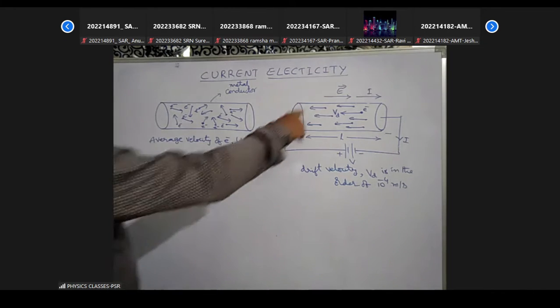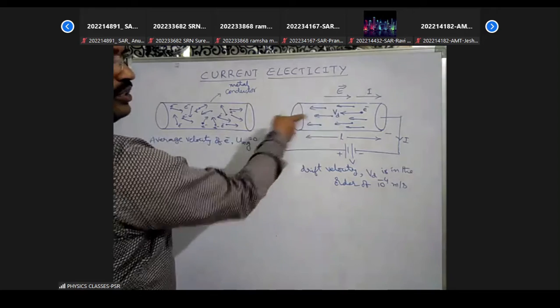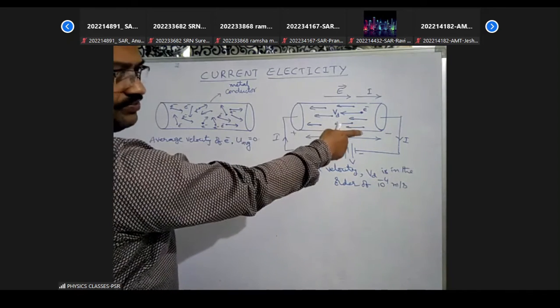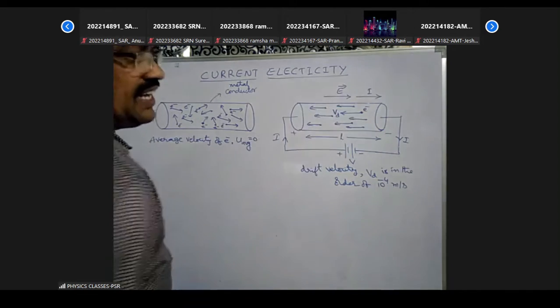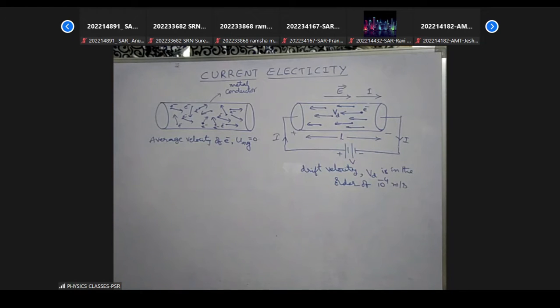Here the total charge flowing through any cross-section area in unit time is defined as average current. Note the first point.